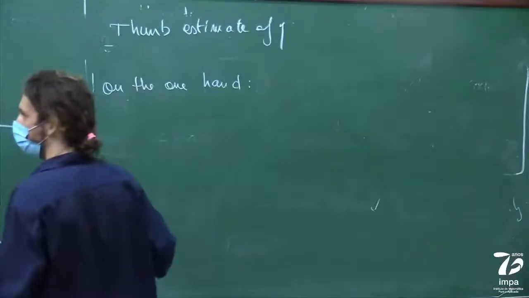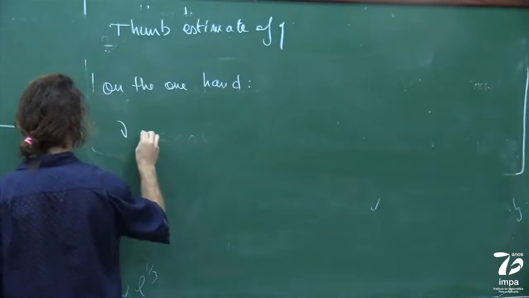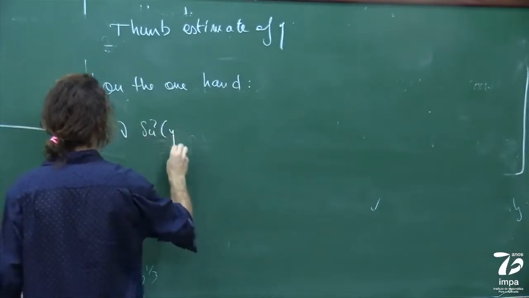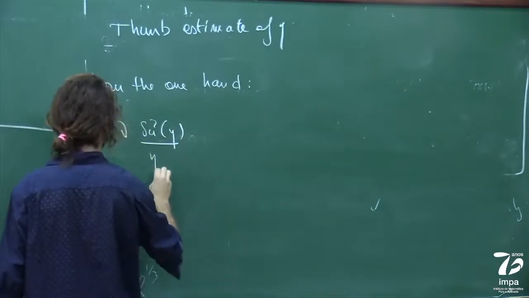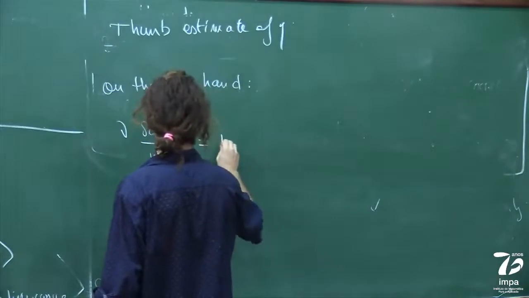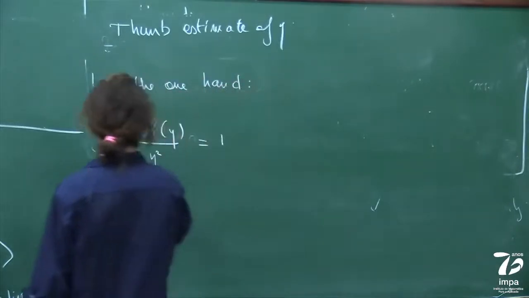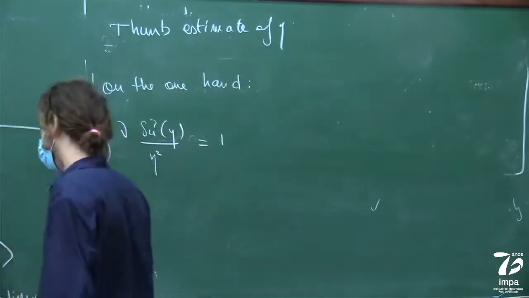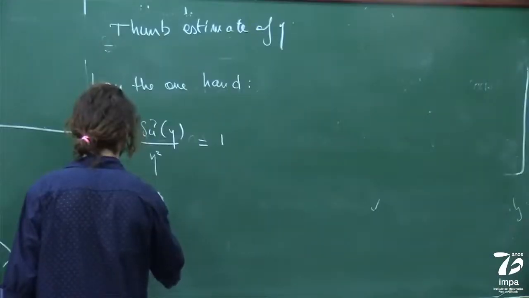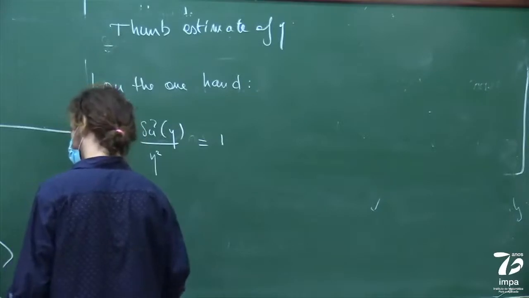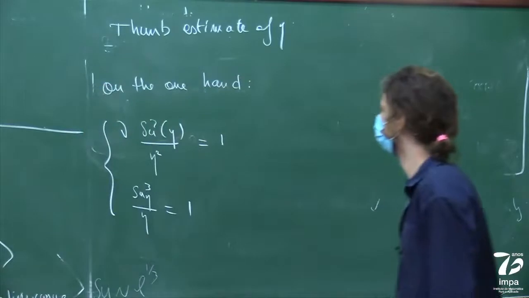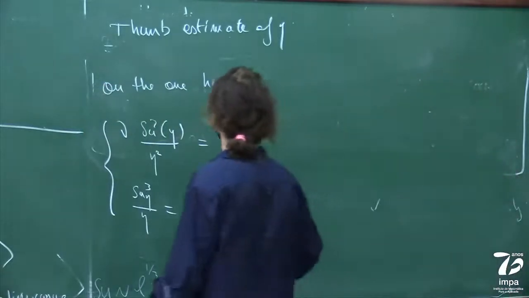So you will have nu delta u square eta divided by eta square, estimation of the gradient, is equal to 1. And on the other hand, you have this, which is going to be true. It means delta u eta cube over eta equal 1. It's a machine argument.